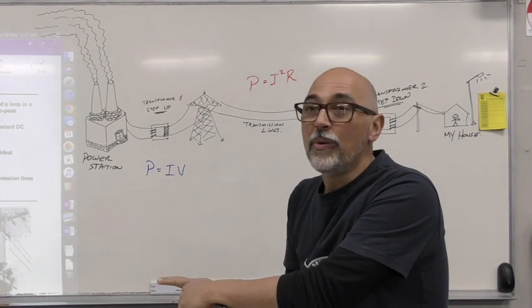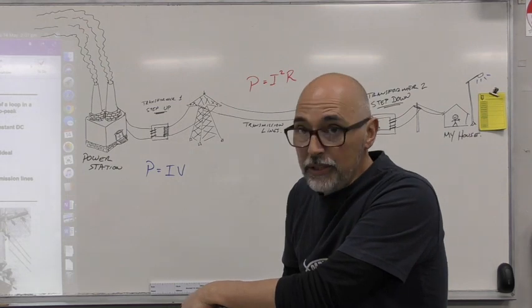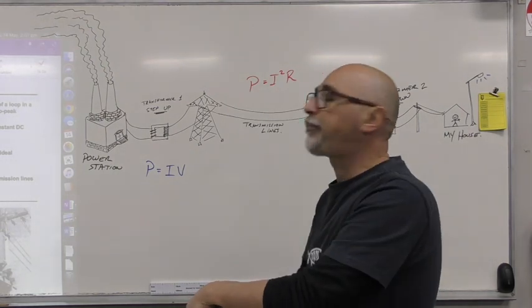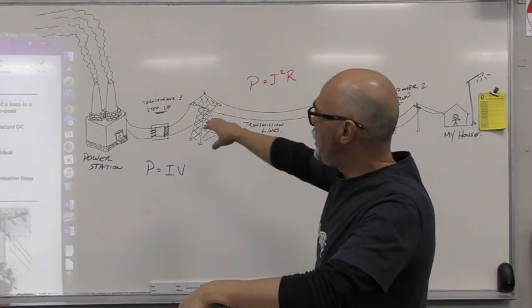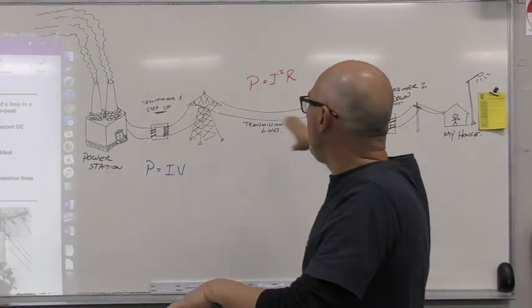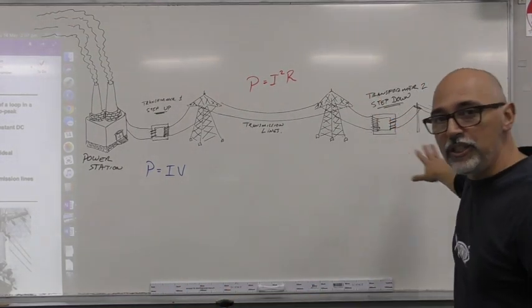So we need to step the voltage back down and the current back up again. The way we do that is instead of using a step up transformer, we use a step down transformer to bring the voltages back down again.